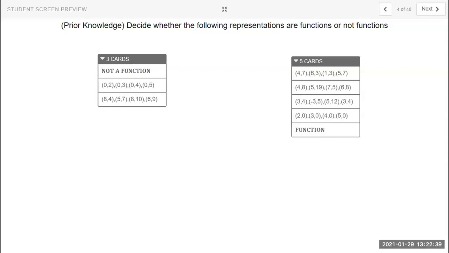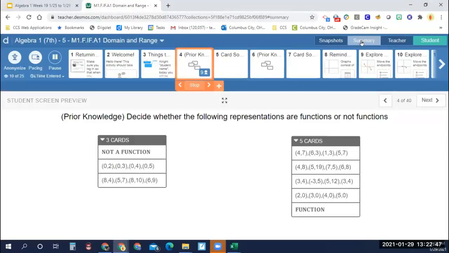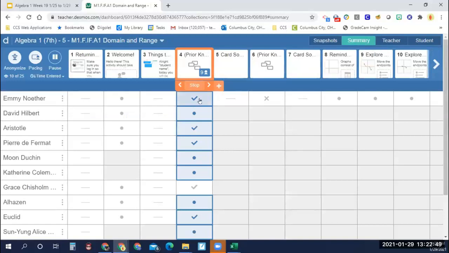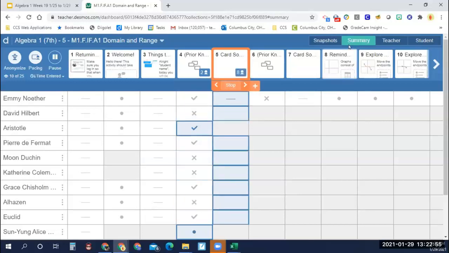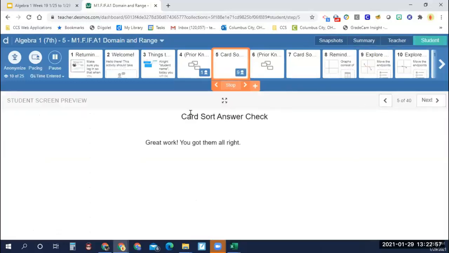All right. So I see that several of us already have that correct. And let me show you real quick how us teachers know that. That check mark right there, that means, yep, you got them all correct. If we go to the next card, it's going to tell me, whoops, I'm not on the student view though. Great work, you got them all right. So I did get them right.